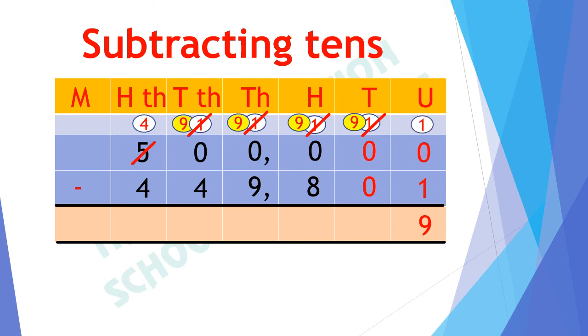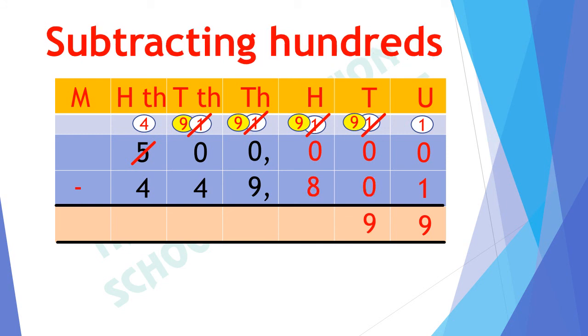Now we will move towards tens. We have to subtract 0 tens out of 9 tens, and here we are left with 9. Now we will move towards hundreds. We have to subtract 800 out of 900.